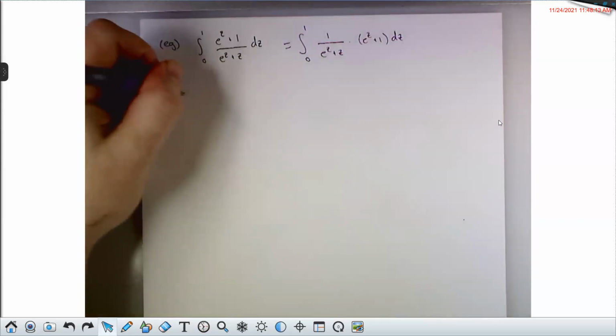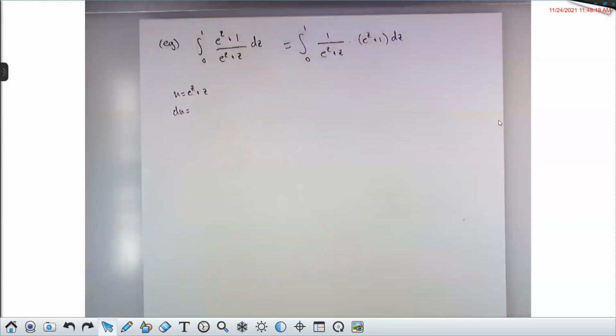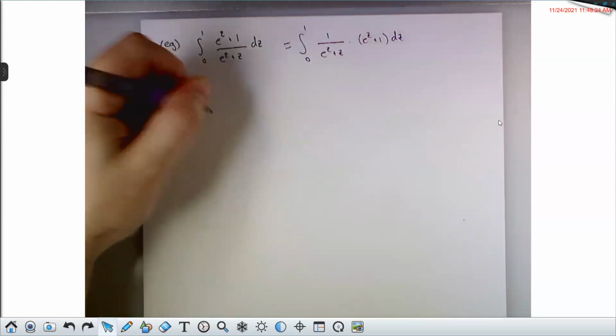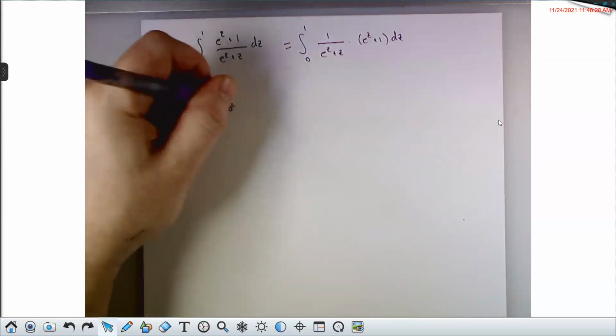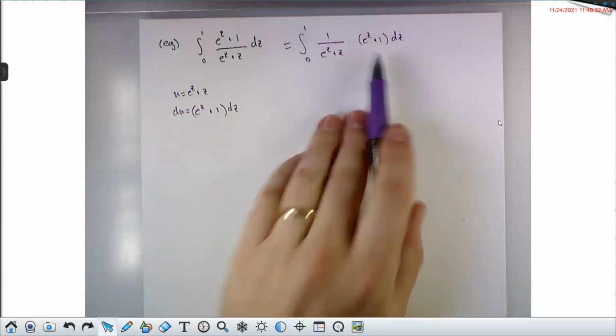And now when I write that substitution, e to the z plus z, I calculate du, which is the derivative of e to the z, which is e to the z, plus the derivative of z, which is 1. So du is e to the z plus 1 dz. That's exactly what I have here.